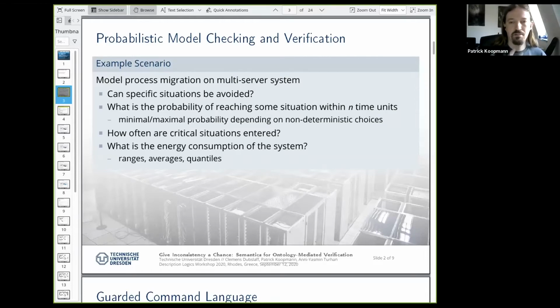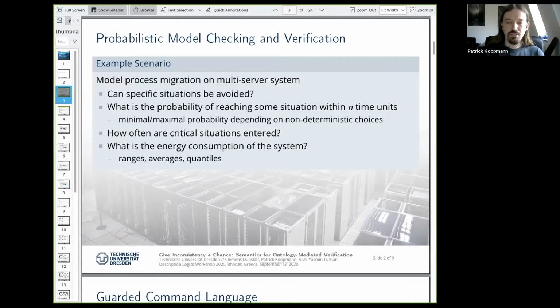Now there are properties you might want to check, like reachability properties, such as can we avoid certain situations, for example, a situation where a server is overloaded, or what is the probability that such a situation is reached within a certain time interval. We might also want to verify quantitative properties, like how often are critical situations entered, or what is the energy consumption of the system.